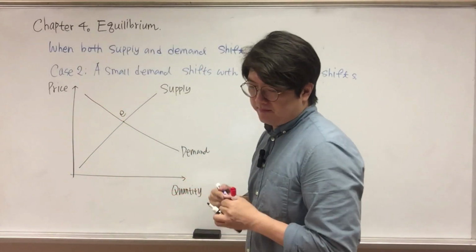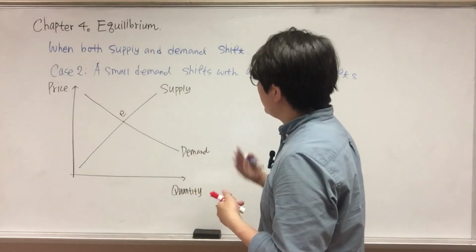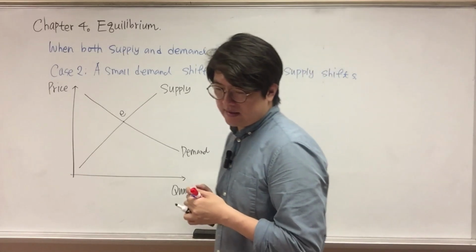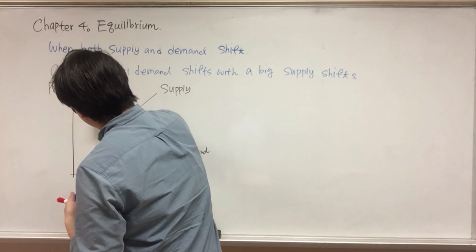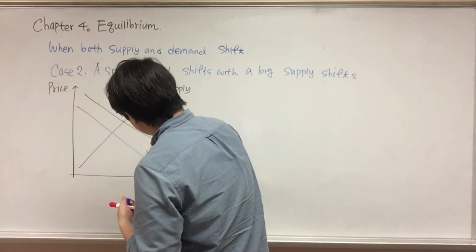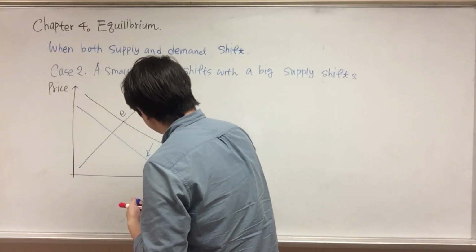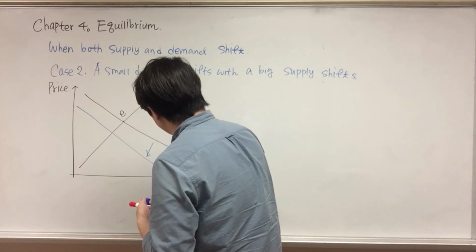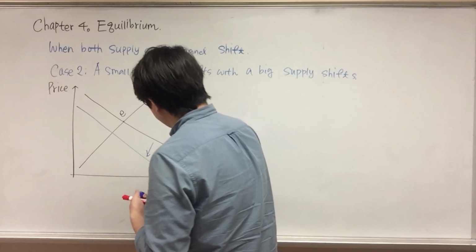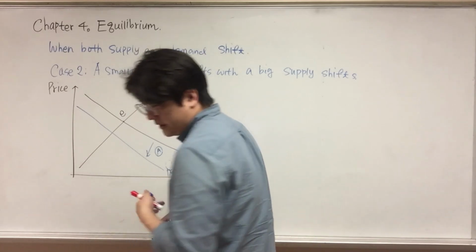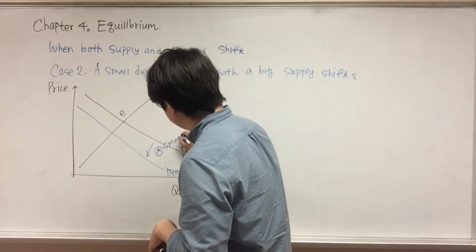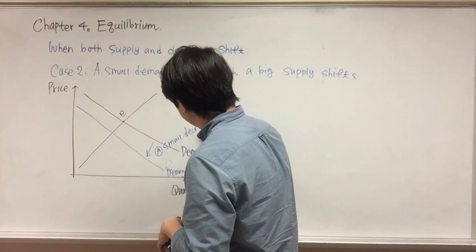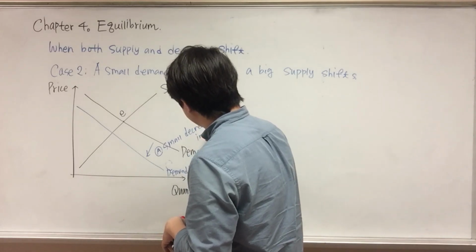So, if we have a small demand shift, in this case, the demand curve will shift to left. So let's call it A. Here's a new demand curve. Small decrease in demand.